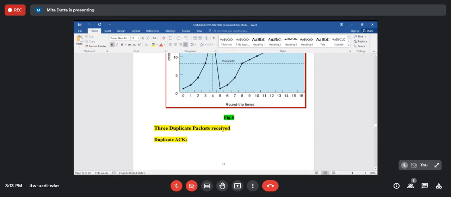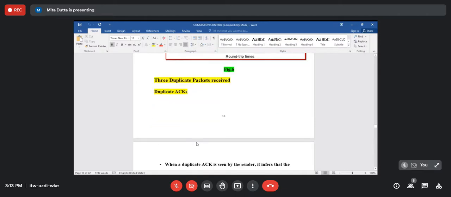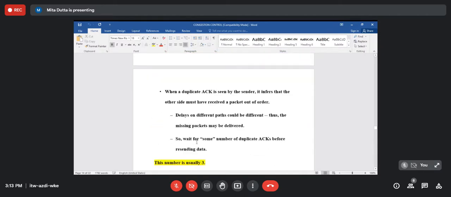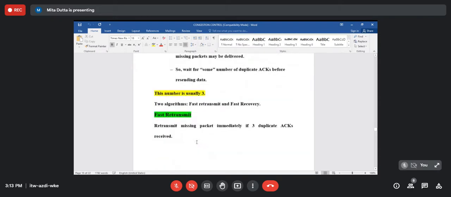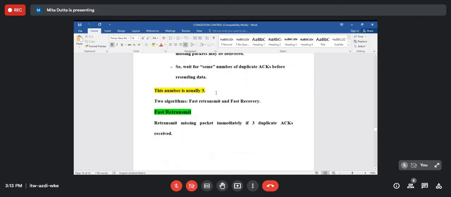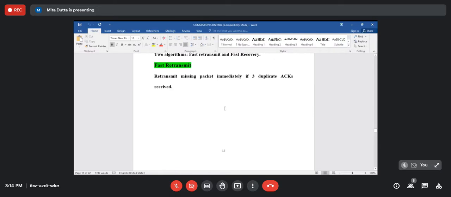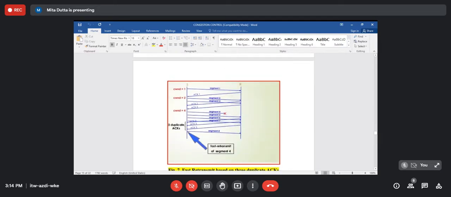Now, 3 duplicate packets, that is duplicate ACKs; the number is usually 3. To take care of this situation, we use two algorithms: one is fast retransmit and the other is fast recovery. Say this is CWND 1, always we are in the slow start phase.